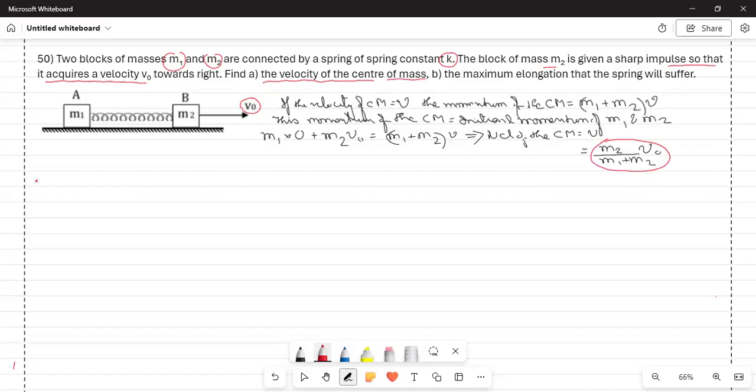Now let's go to part B. Part B asks, also find the maximum elongation that the spring will suffer. Obviously, when you apply a force to this, there will be elongation. What is the maximum elongation? Now, here there is a point.